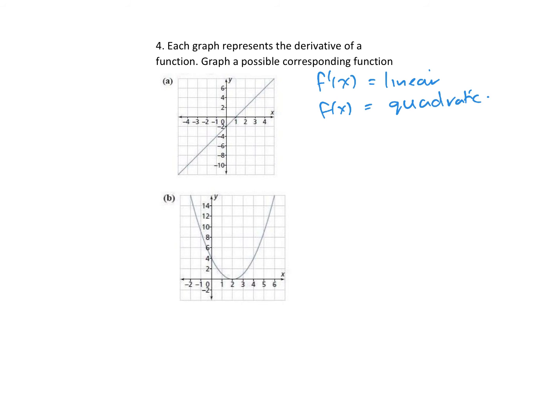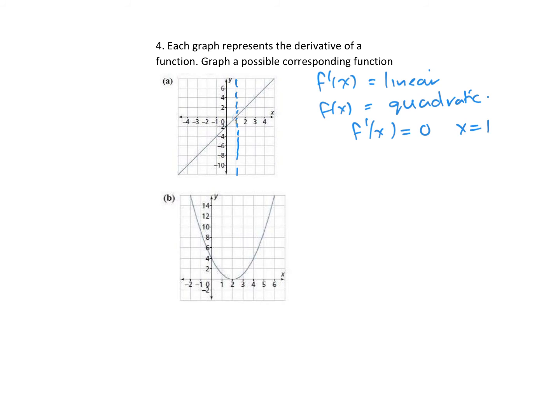I'm going to look at where f prime of x is 0, at x equals 1, right here. If the slope of the tangent is 0, then that would be a turning point on the original function. So somewhere on this value for x is my turning point. So I'm just going to reset.